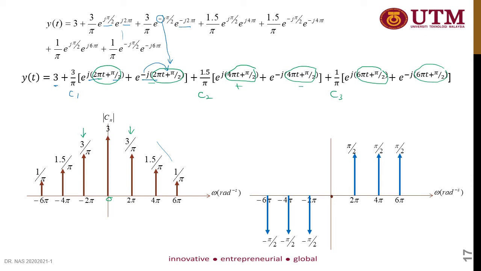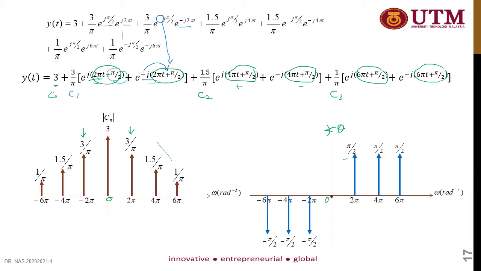Okay, same goes to the second one and the third one. And then plot the phase spectrum. At C0, there is no phase, so it's 0. At positive 2 pi, the phase is positive pi over 2.